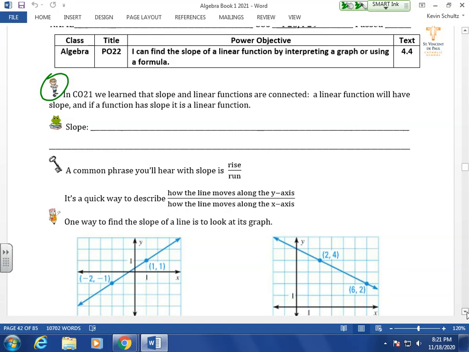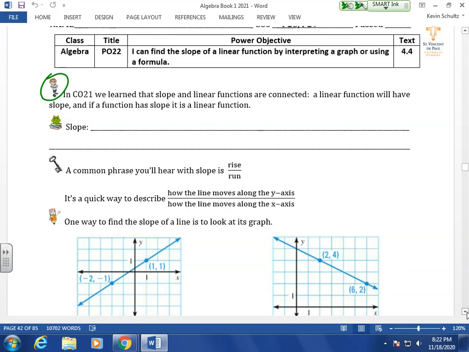A linear function will have slope, and if a function has slope, it's a linear function. So kind of the geometry people here, this would be an example of a biconditional statement. If it's a linear function, then it has slope. The converse is also true. If it has slope, then it is a linear function. If you know one, you can conclude the other. Okay, it works both ways here.